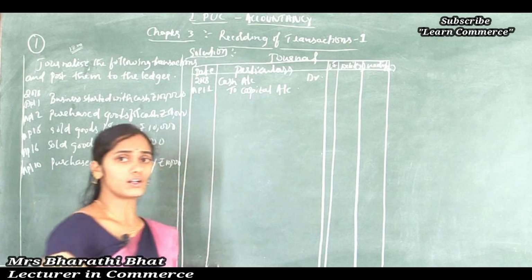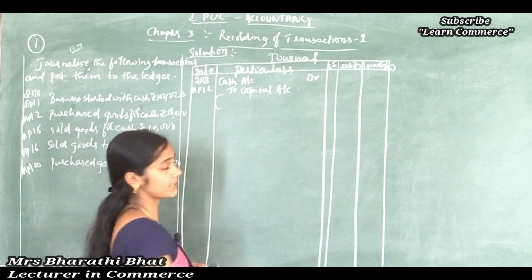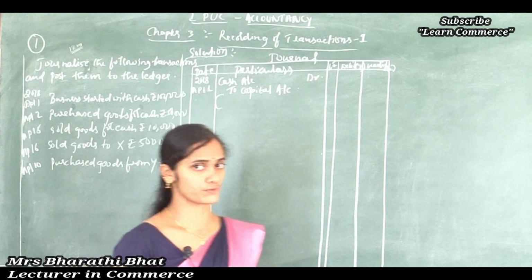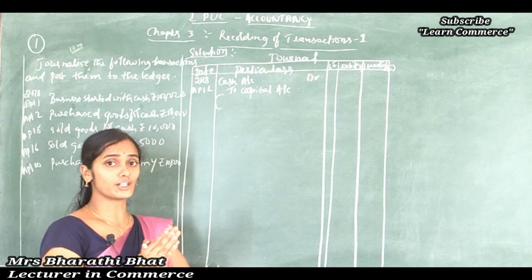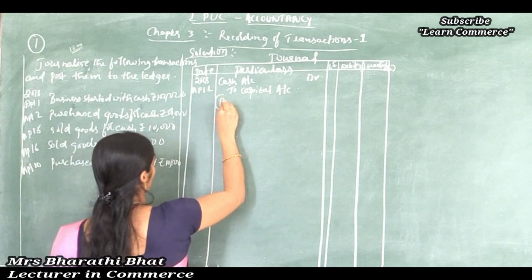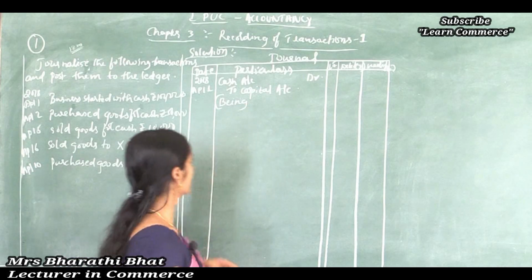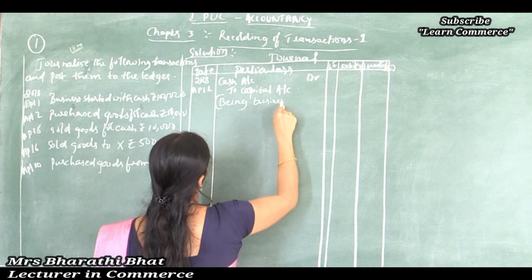In the journal concept, usually we record the narration as just business started with the cash or purchased goods for cash, right? Instead of that, it is better to use the word being before writing the narration. Being, business started with the cash.